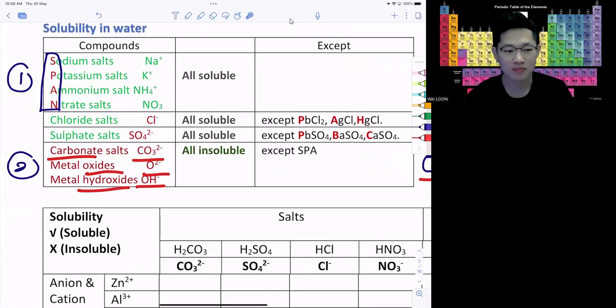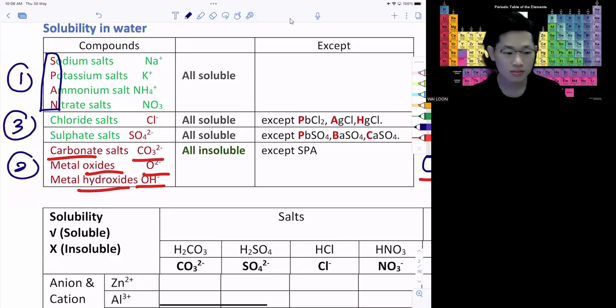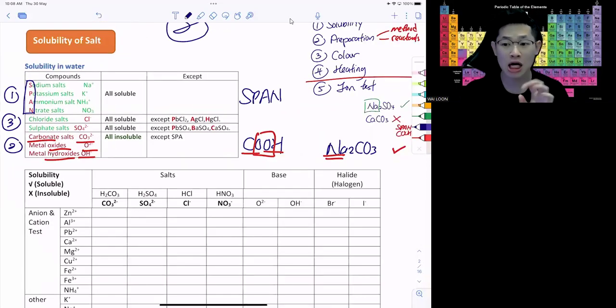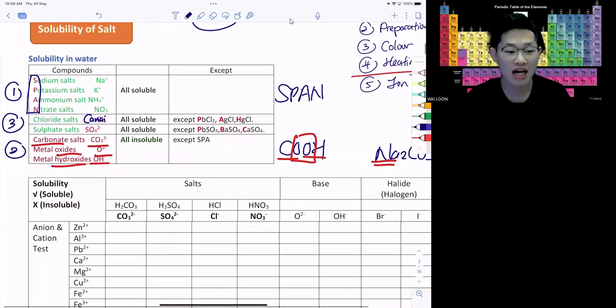Next, the last one. If there's no SPAN and no COOH, then only we go for chloride or sulfate. Chloride, we call it roti canai, C for canai. Why do we call it canai?